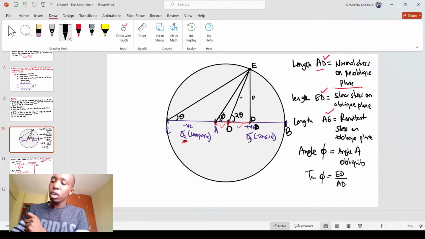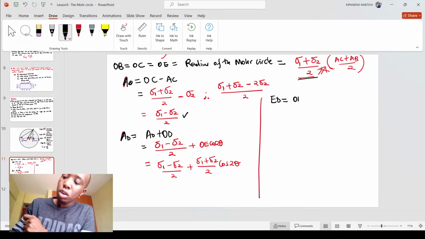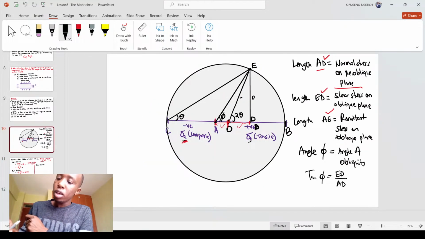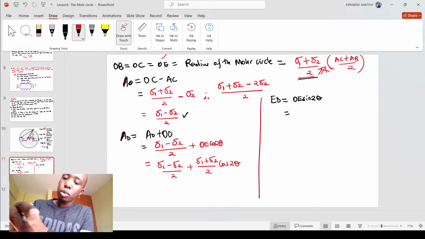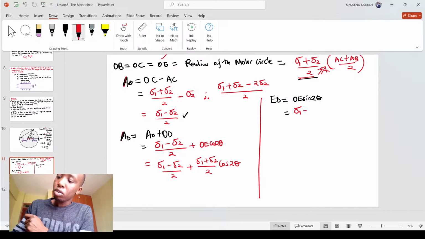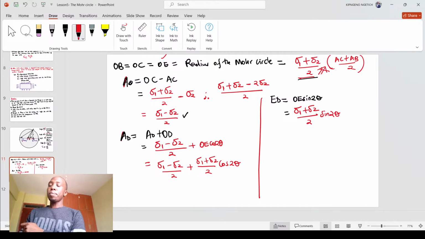So ED will be OE sine of 2 theta. What is our OE? Our OE is the radius of the circle. So it will be stress 1 plus stress 2 over 2 sine of 2 theta. Very good.